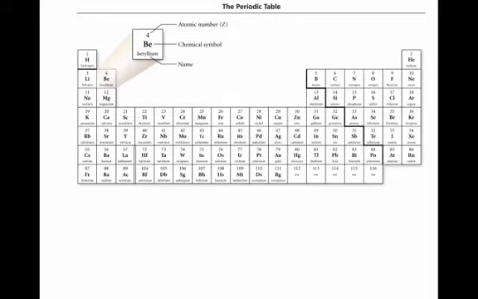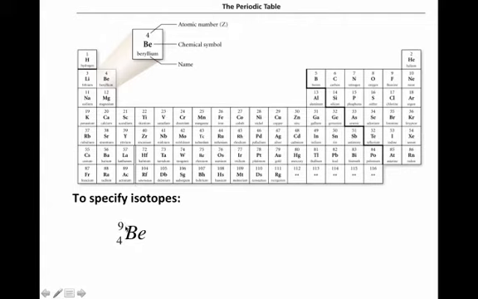Here we have the periodic table, and you can see that we have beryllium highlighted. Beryllium has a 4 above it, and that 4 is the atomic number. To specify which isotope we're talking about for beryllium, we'd write it another way. We have the Be for beryllium, and the 4 is down here.